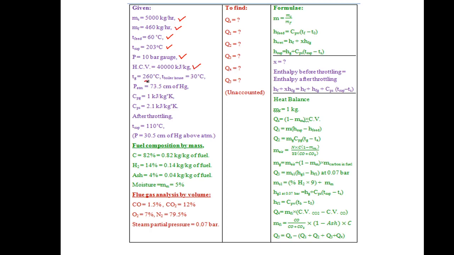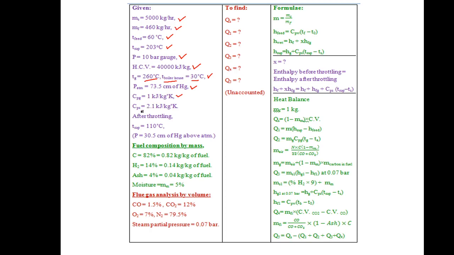Temperature of hot gases liberated is 260 degrees Celsius, and boiler house temperature is 30 degrees Celsius. Atmospheric pressure is given, and that is 73.6 centimeters of Hg. Then specific heat of hot gases, CPG, is 1 kilojoule per kg degree Kelvin.